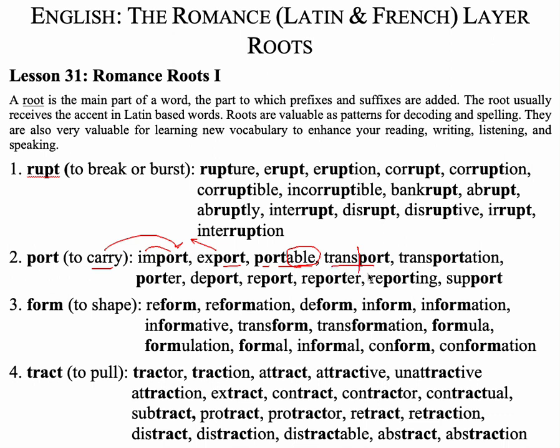So transport's to carry across. A truck traveling across America. It's transporting goods. And then the noun form is transportation, and I want you to notice the A there is a long A in front of the tion, transportation, and it's an open syllable, which explains why it's long.